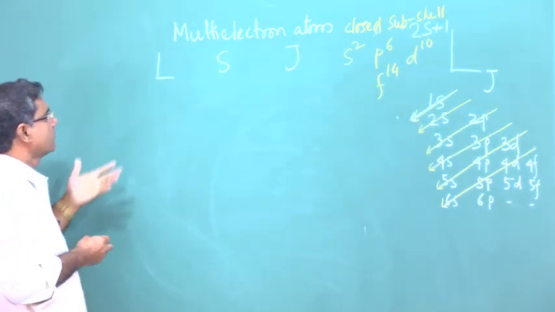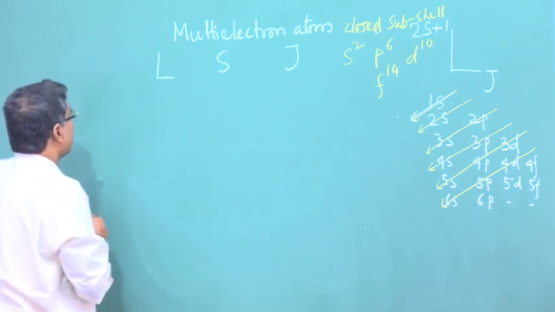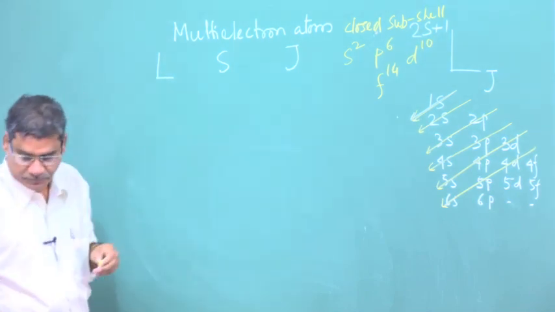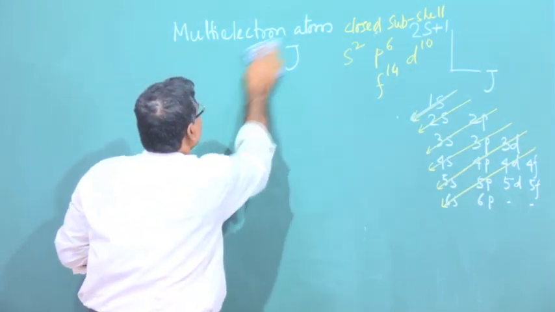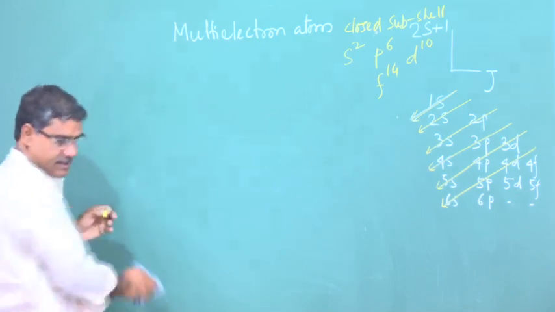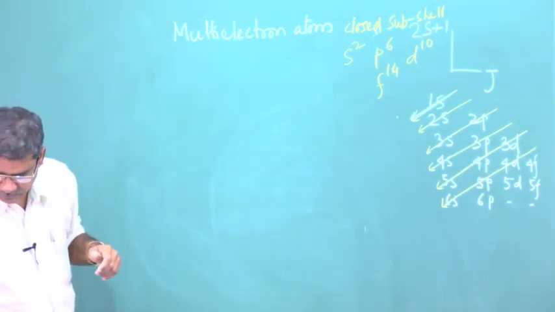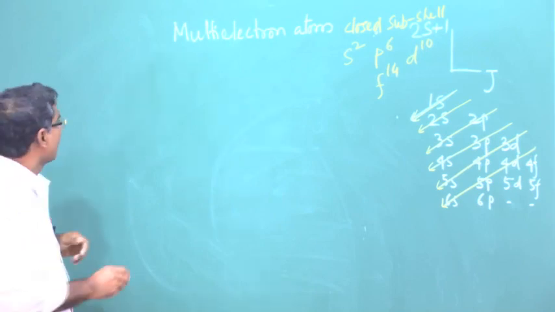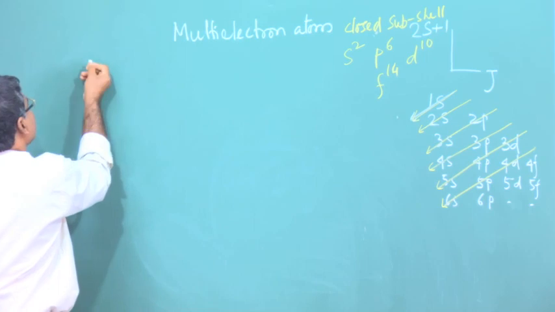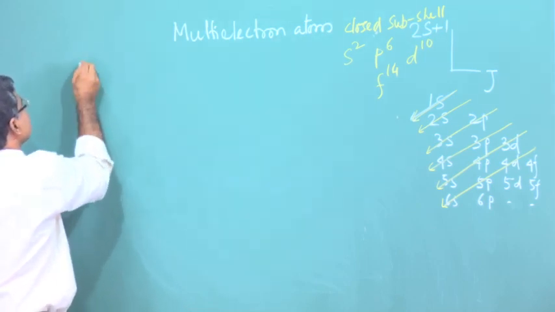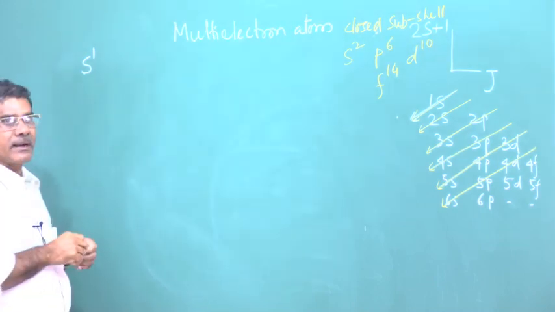Now, as I told, I am interested to find out the spectroscopic term for a multi-electron atom. So, I have to find out capital L, capital S and capital J. Let us take one electron, which I have already seen, in an s orbital, say an s orbital with 1 electron.